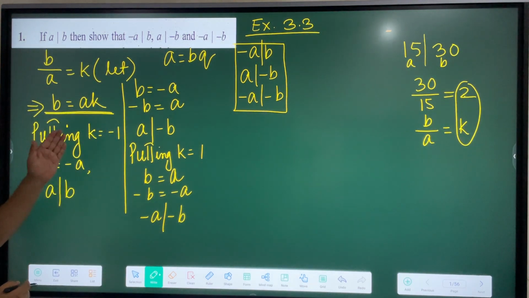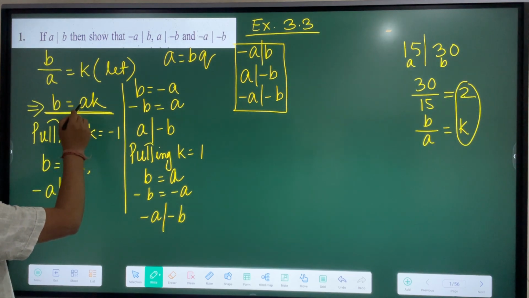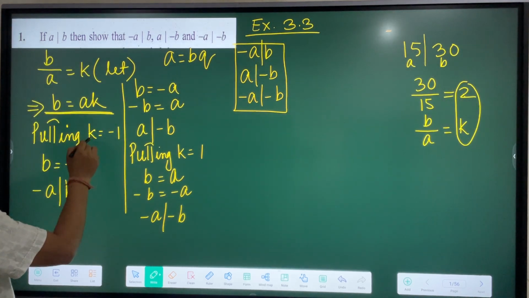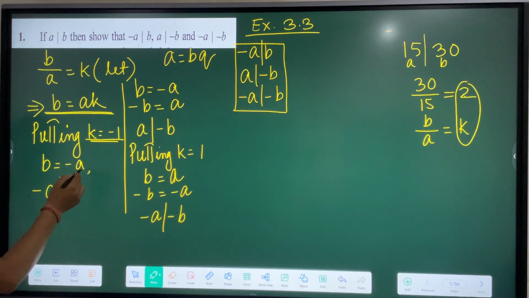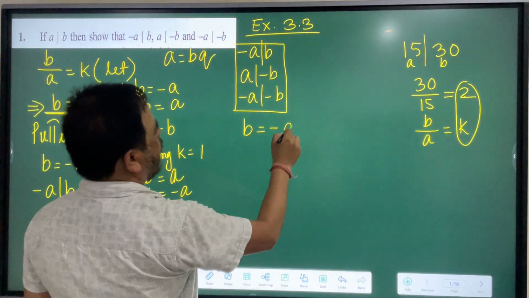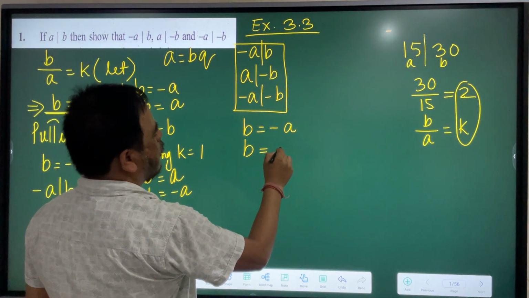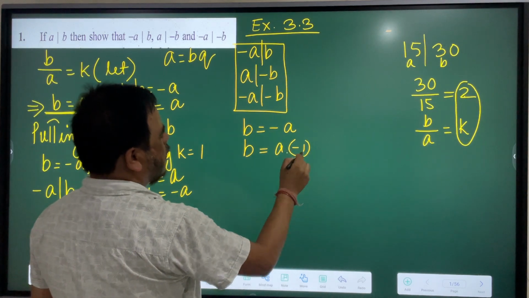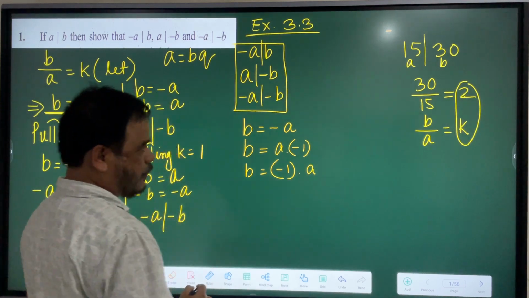Secondly, putting the value of K as minus 1, B equals A into minus 1. K is minus 1, so A into minus 1 is minus A. So B equals minus A, or we can write B equals minus 1 into A, same meaning.